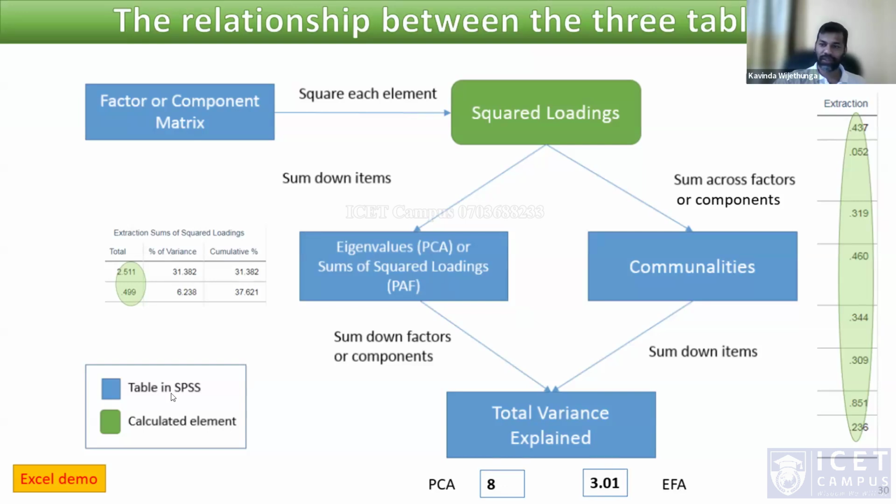Yeah. So here you can see this squared loadings is actually a calculated element, right? These things we can see in the SPSS output table, right? So actually there is a relationship between three tables. So we need to understand what the relationship is there, right?